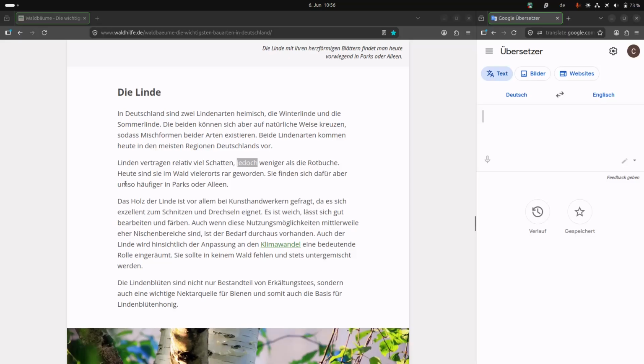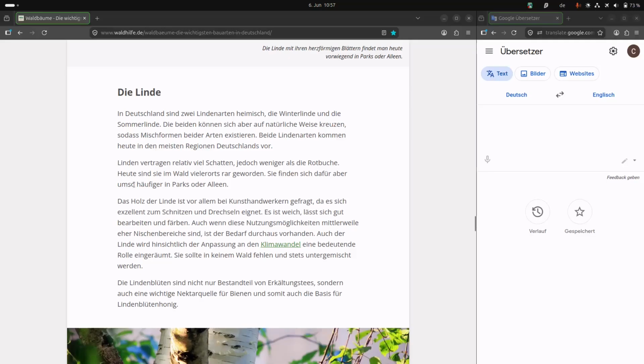Umso häufiger, the umso can have various different meanings. I'm not going to dive into that, but in general it either means in terms of location, so around something, or it's a word that can be used in various relations to circumstances.